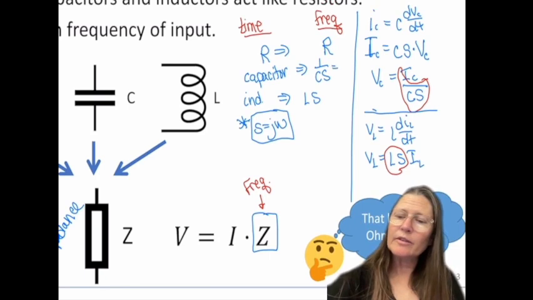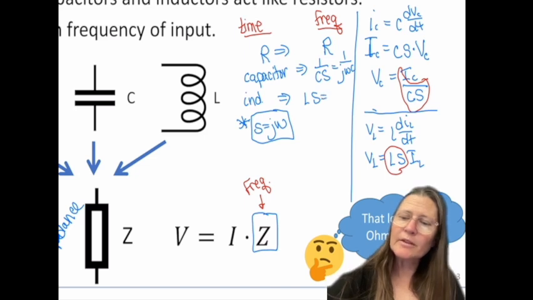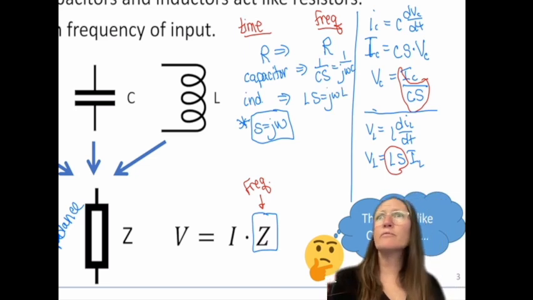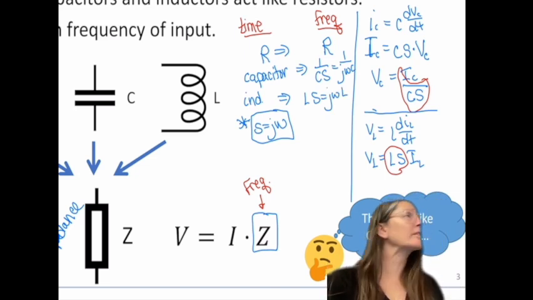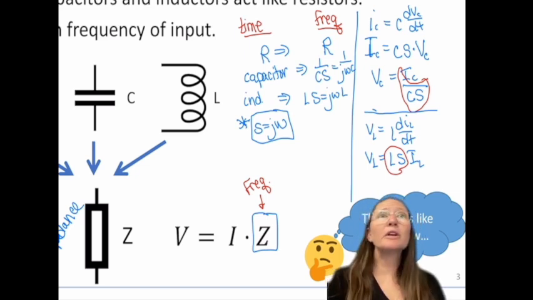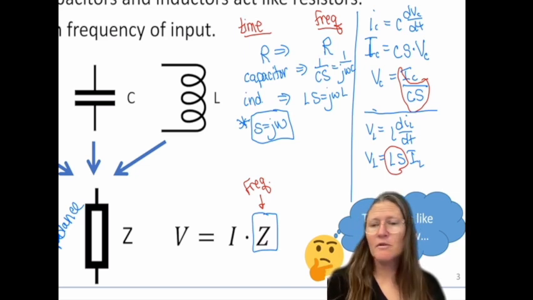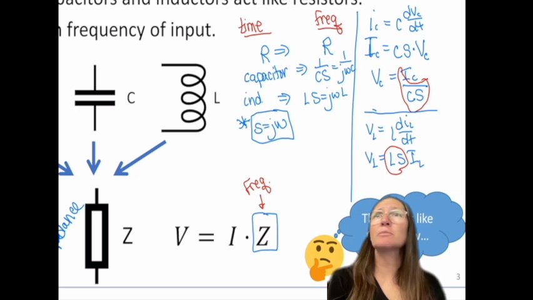So this can also be written as j omega C, and this can be written as j omega L. If we're looking at one specific frequency, we can just plug that in and multiply it by either the capacitor or the inductor, and we get a value there with j. So it now becomes a complex number.